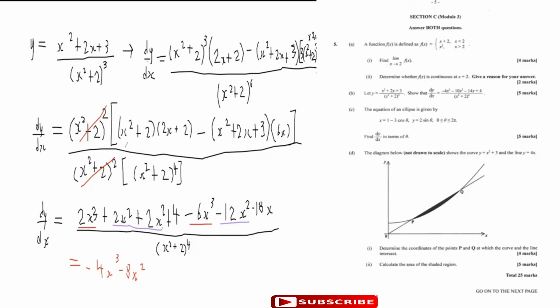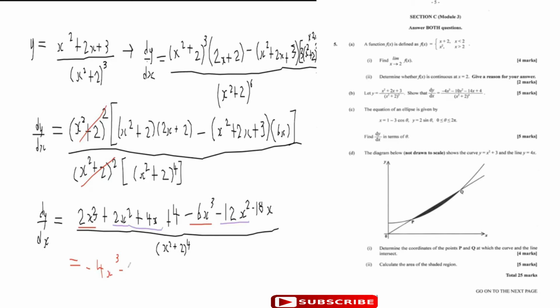Oh, some error was made. 2 times 2x is not 2x squared. 2 times 2x is 4x. Oh gosh, this was a big mistake. This should be 4x.